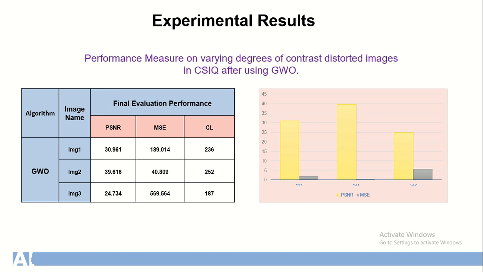Performance measure on varying degrees of contrast distorted images in CSIQ after using gray wolf optimization. This table shows the final evaluation performance after using the gray wolf optimization algorithm for PSNR, mean square error, and contrast level, and this is the graph for this result.